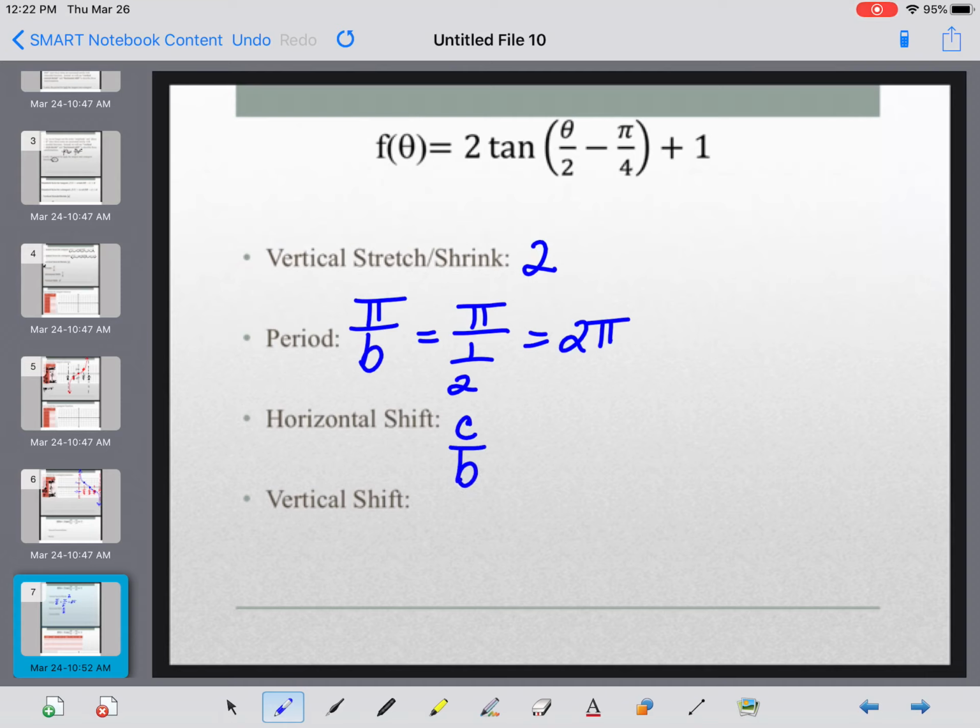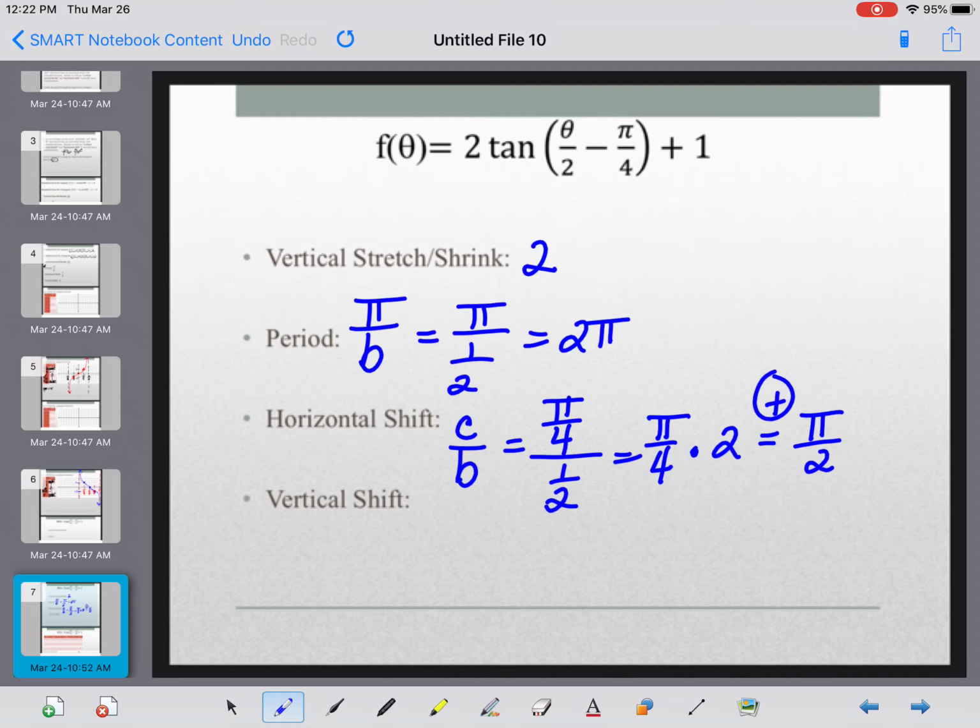My horizontal shift is c over b. Remember, the c value is the opposite sign. So this is a plus pi over 2. And my vertical shift is up 1.